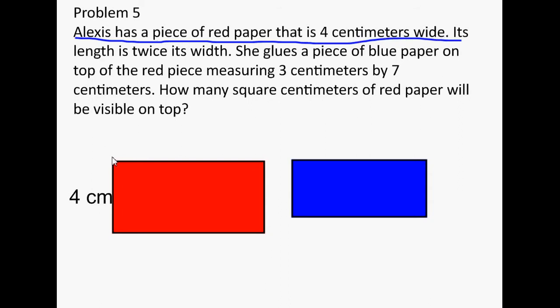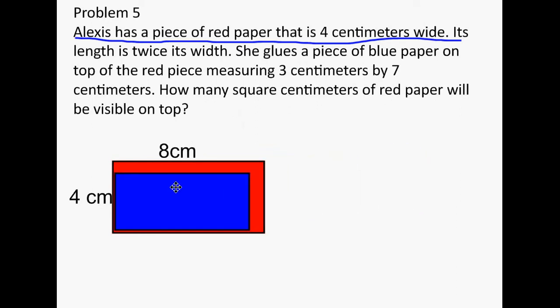Its length right here is twice its width. So if this is 4, twice that would be 8. Okay, so then she takes this blue paper and she puts it on top.